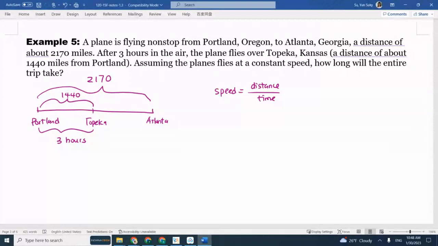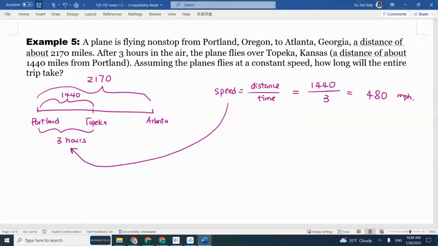And because it's constant speed, the speed here is the same as the speed everywhere. So speed is distance 1440 over time 3 hours. Plug into your calculator. What do you get? 480, right? This is miles per hour.